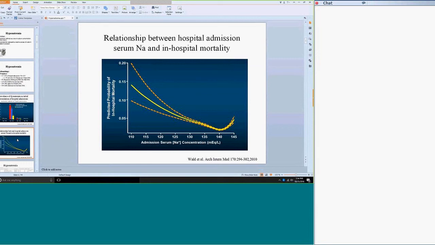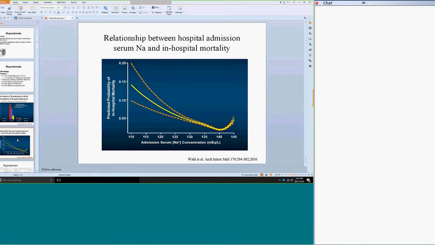If you look at the relationship between serum sodium and hospital mortality, as the sodium level goes down, the inpatient mortality goes up.